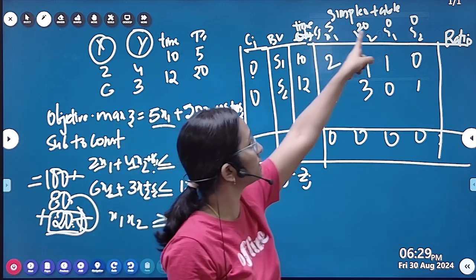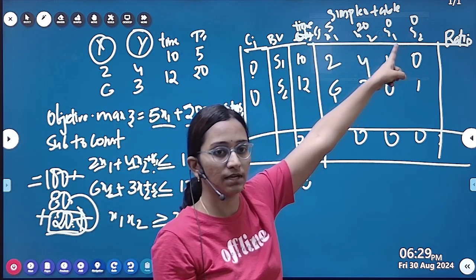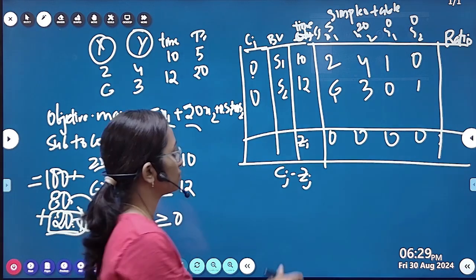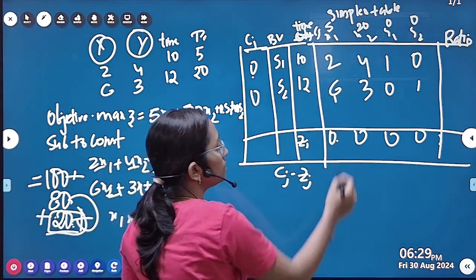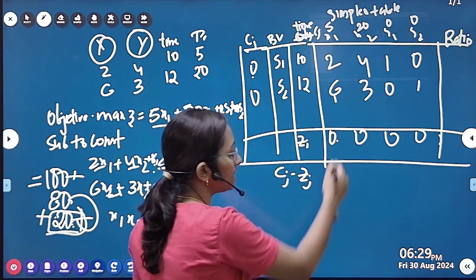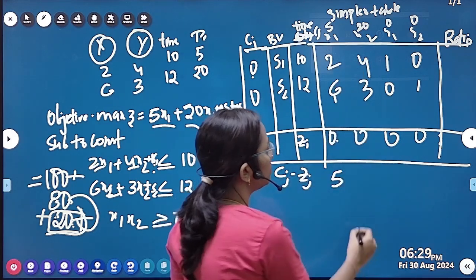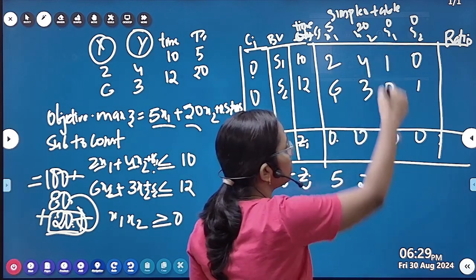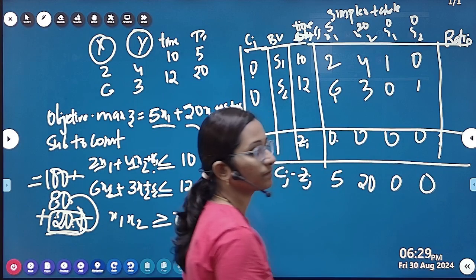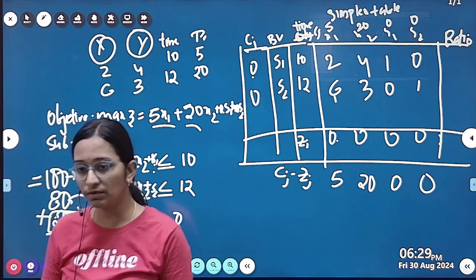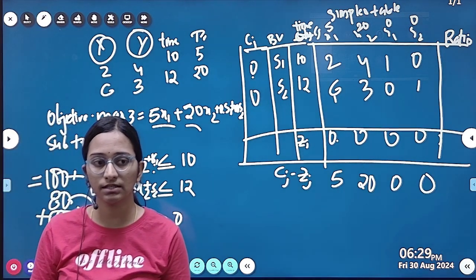These Cj values are for x1, x2, the overall objective function's Cj values. Okay, so tell me: 5 minus 0, 5; 20 minus 0, 20; 0 minus 0, 0; and 0. Okay, is that clear? That is what is in your book.